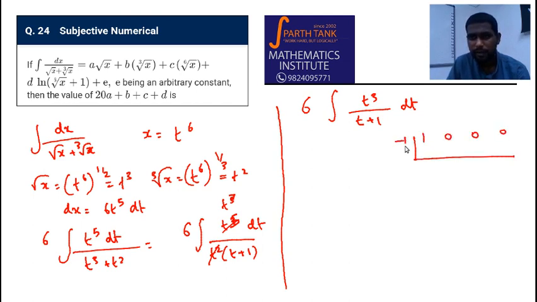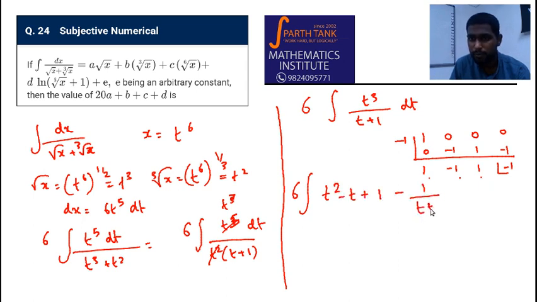T plus 1, I have to put minus 1 here. So 0, 1, minus 1, minus 1, 1, 1, minus 1, minus 1. So the remainder is minus 1. Please note that. So this integral becomes t squared minus t plus 1, then minus 1 by t plus 1, because that is the remainder.